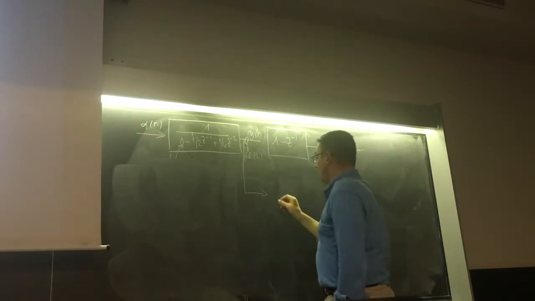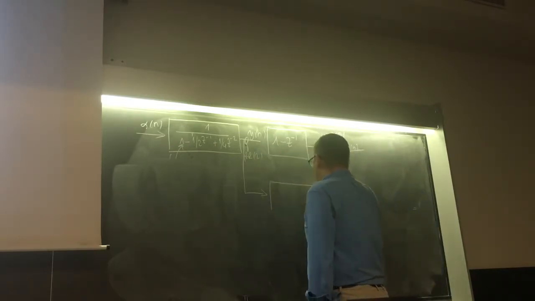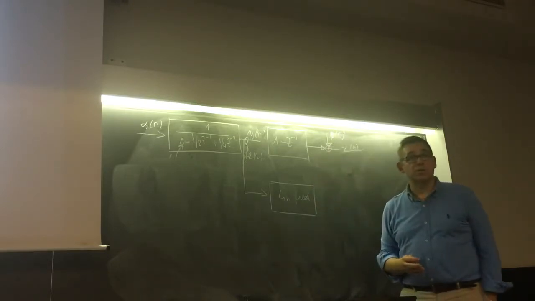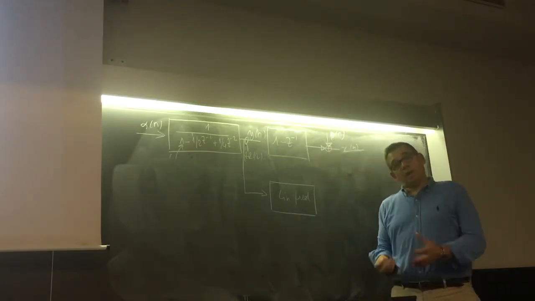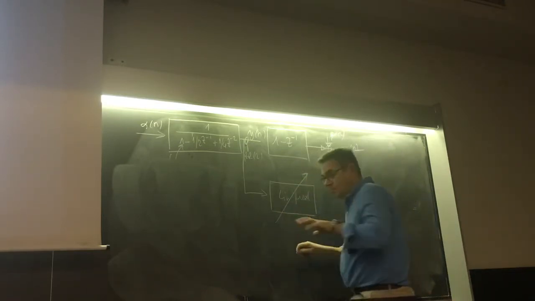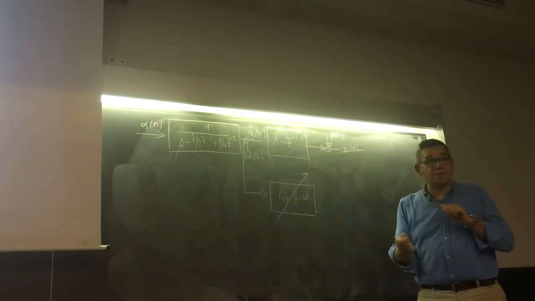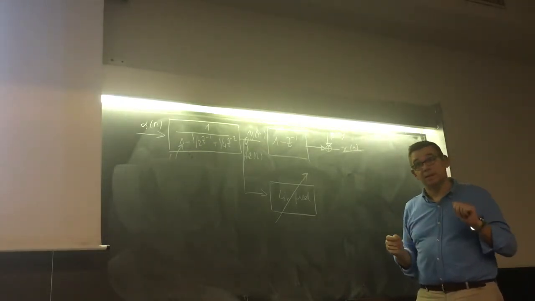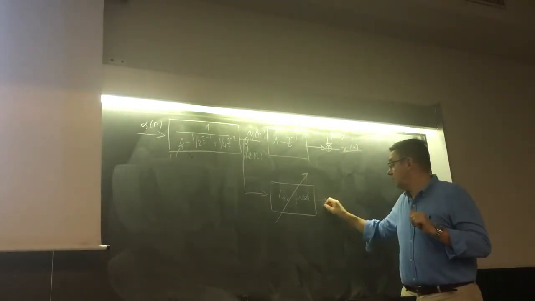So now what we can do is this: we can write here a linear predictor. So we make a linear prediction. Now, we can play with the linear prediction, for instance, by increasing the order until the output is white.